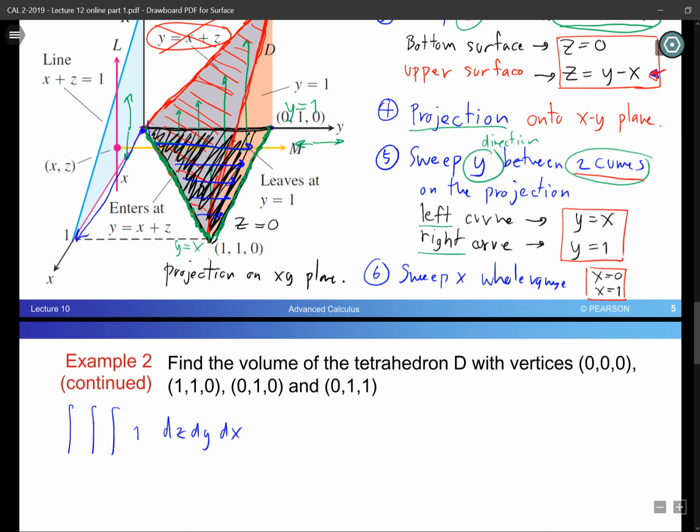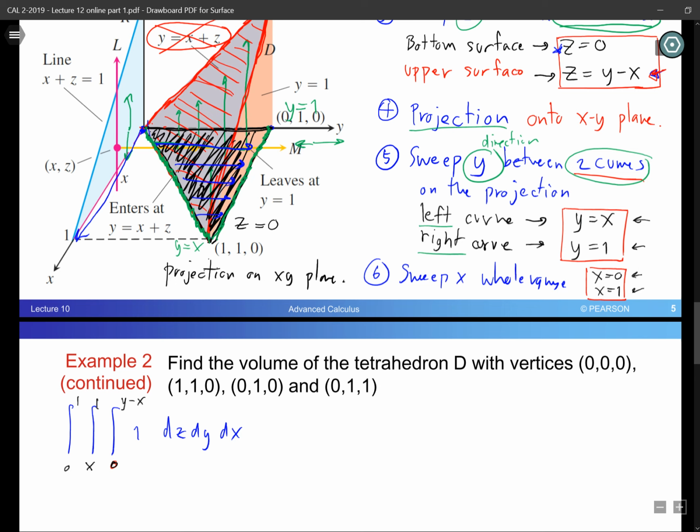For z, we have the boundaries available here. z starts from 0, z equal to 0, and ends at z equal to y minus x. For y, start at x and end at 1. For x, start at 0 and end at 1.